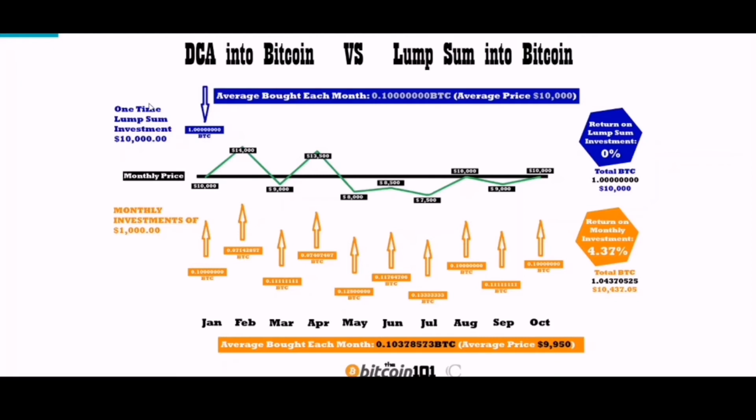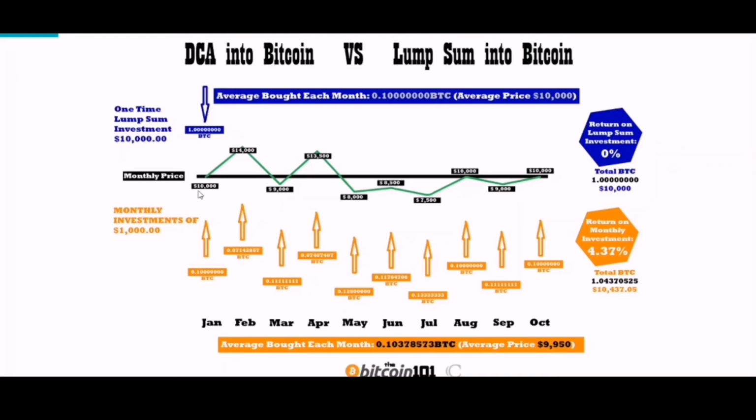You could either do a one-time lump sum payment, or you could break it up into 10 months and do 10 payments of $1,000. Okay, we'll show you what this chart came up with. Of course, depending on the price of Bitcoin, this chart would vary.